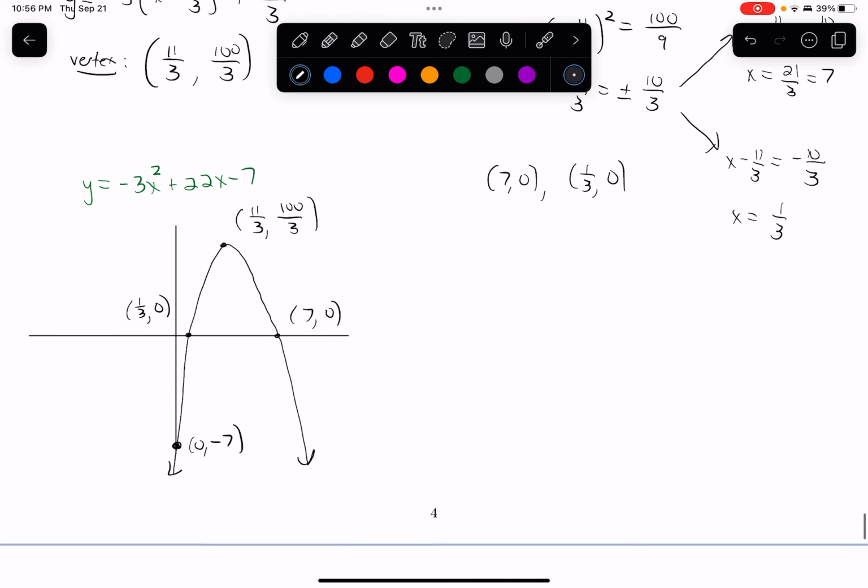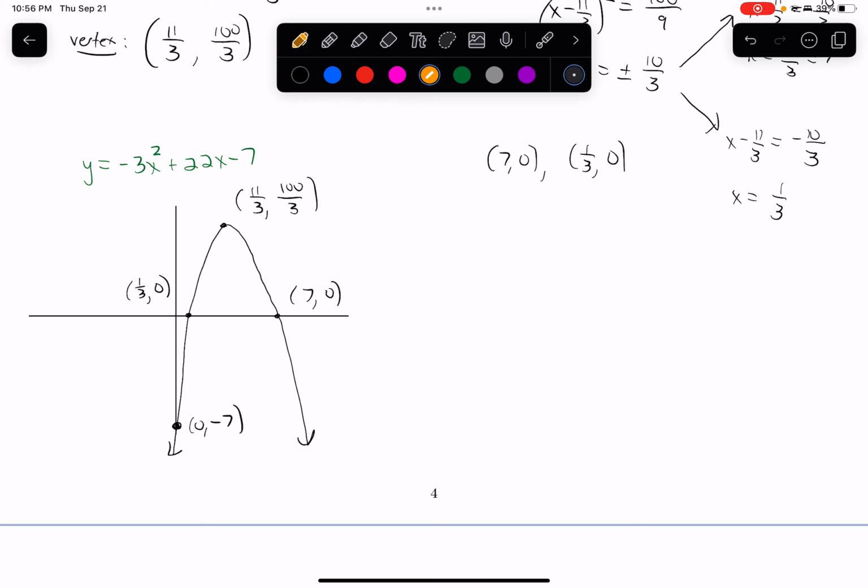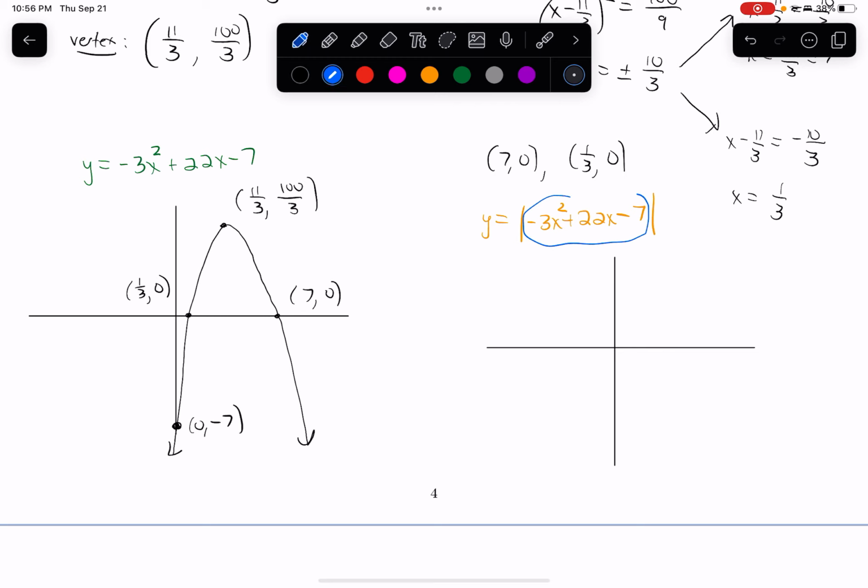So now I want to use this to draw the graph of the absolute value of the whole thing, the absolute value of −3x² + 22x − 7. And we saw in the first video of the section what happens to a function's graph when you take the absolute value. The absolute value is going to take any number that ends up being negative and turn it positive.